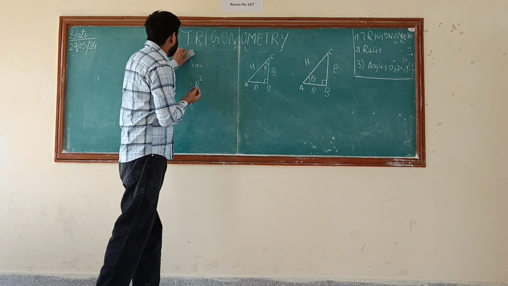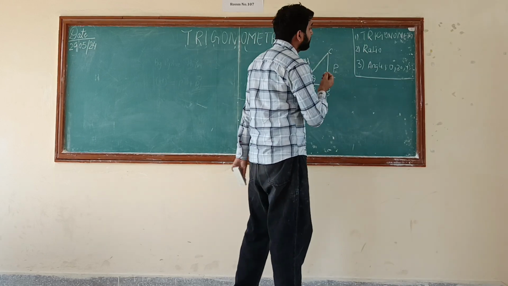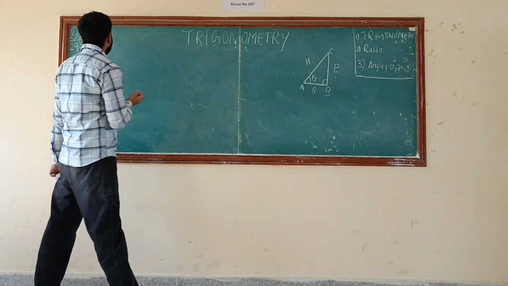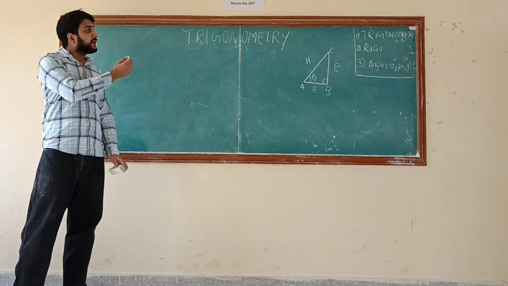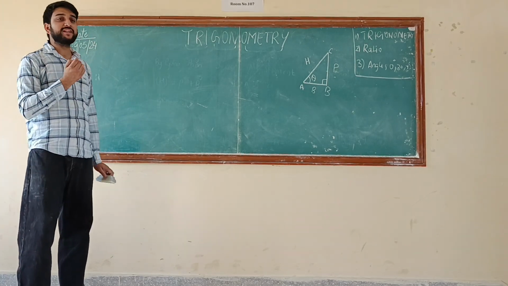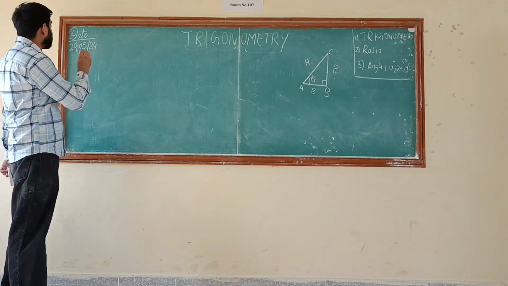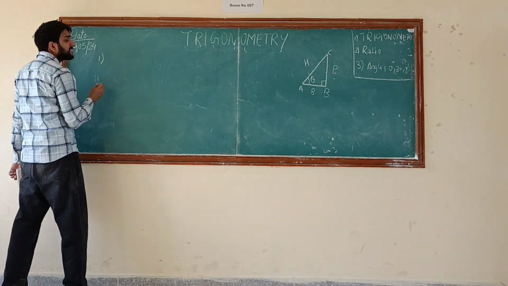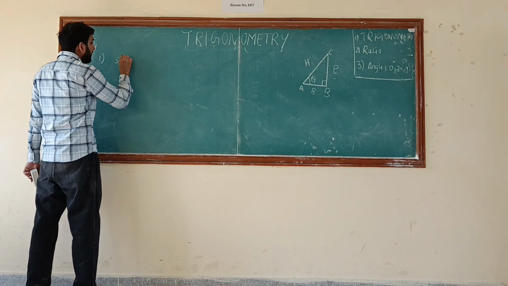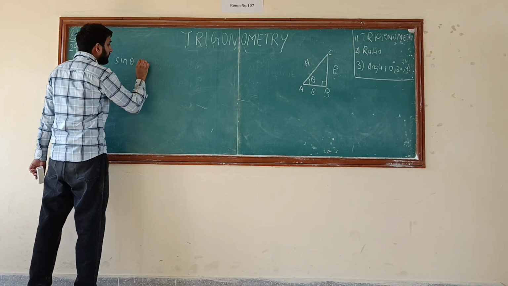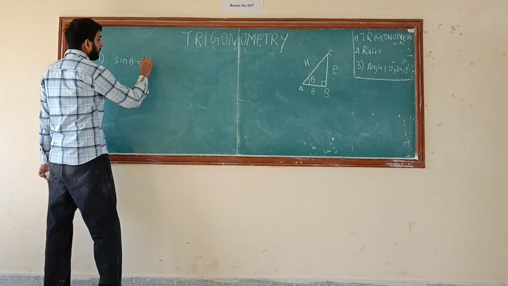Now, let's move to our main topic, that is trigonometric ratios. We have 6 trigonometric ratios because we have 3 sides in a right angle triangle, so there are only 6 possibilities of ratios of these sides. The first trigonometric ratio is sine of angle theta, and we denote it as sin theta. Sin theta is equal to perpendicular upon hypotenuse.